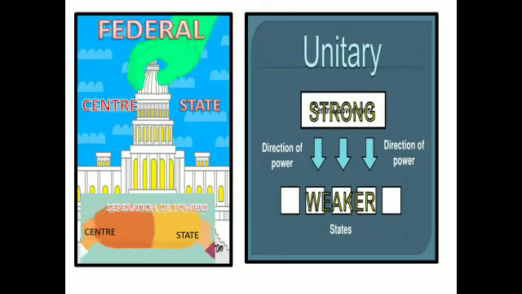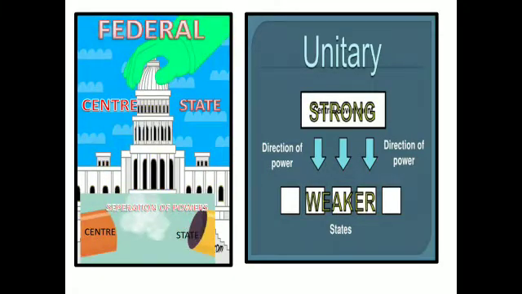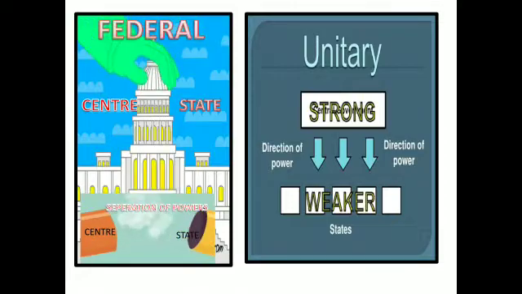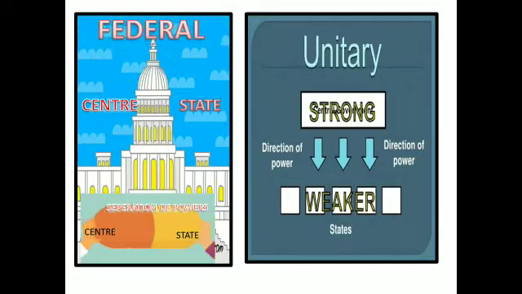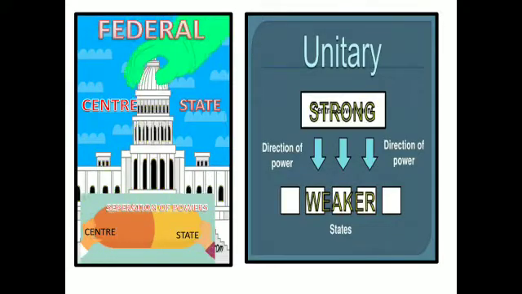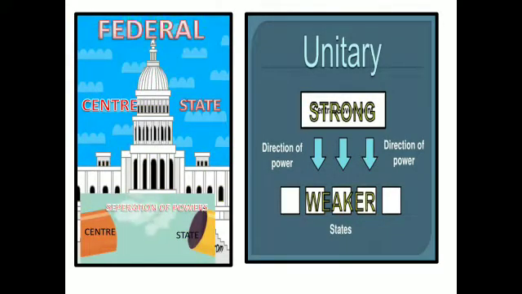Our country is governed at three levels: local level, state level, as well as central level. In this chapter, we will study the working of the government at the state level. Do you think India has a federal form of government, a unitary form of government, or a quasi federal system?